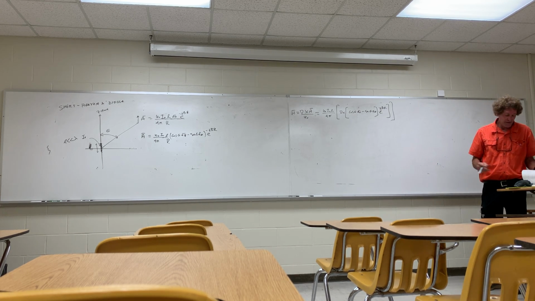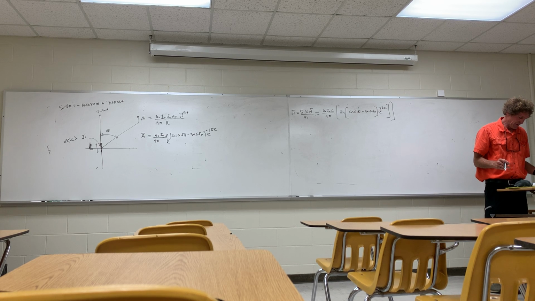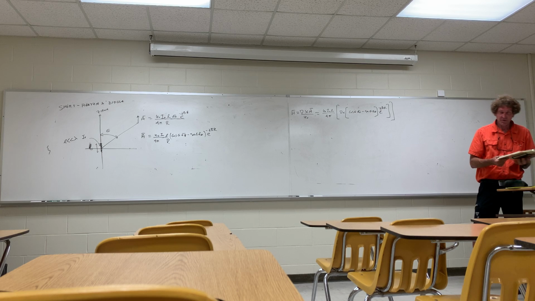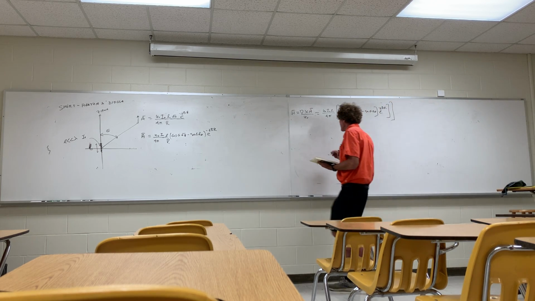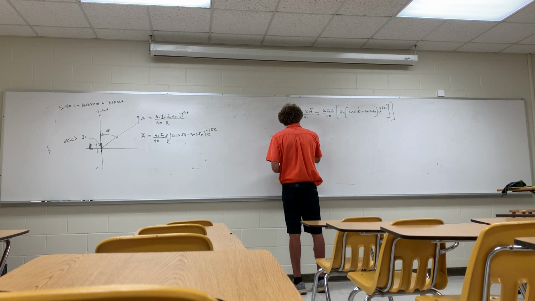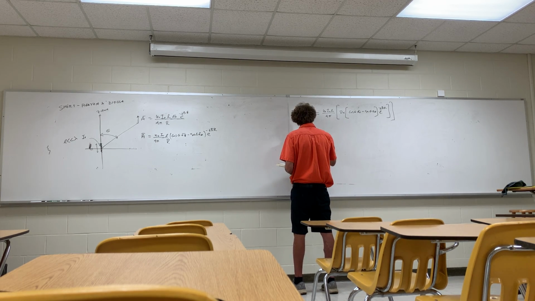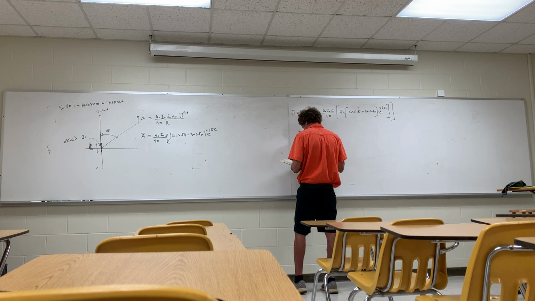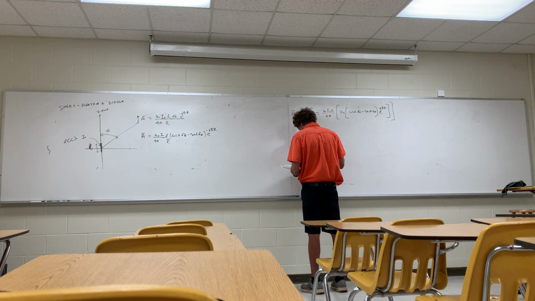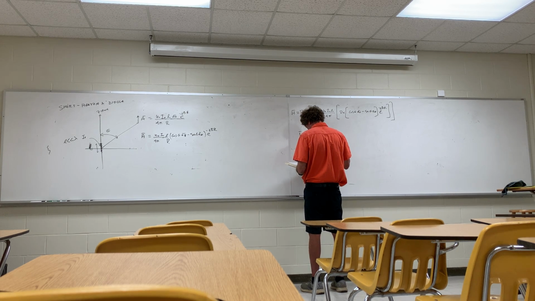But at the end of the day, when you do the curl, in the way Wentworth structures it here, you end up getting I naught L over 4 pi, takes all that out in front, and then he has this term, e to the minus j beta R over R.